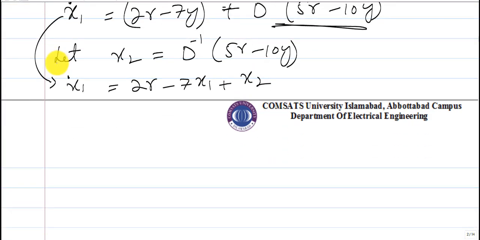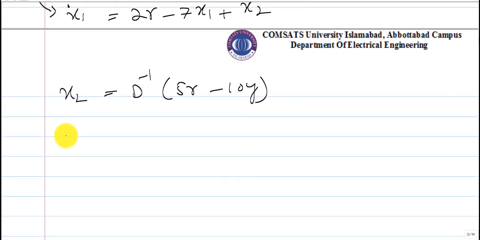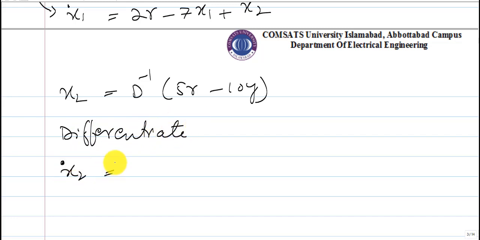Now using x2 equals D⁻¹(5r − 10y), we differentiate this equation, and the anti-derivative cancels with the derivative. So x2 dot is 5r minus 10y, and y can be written as x1. Now we have these two equations.